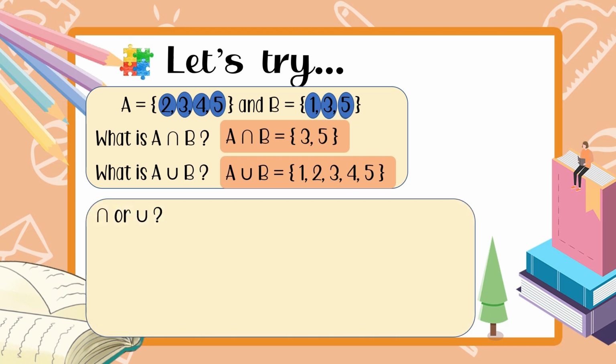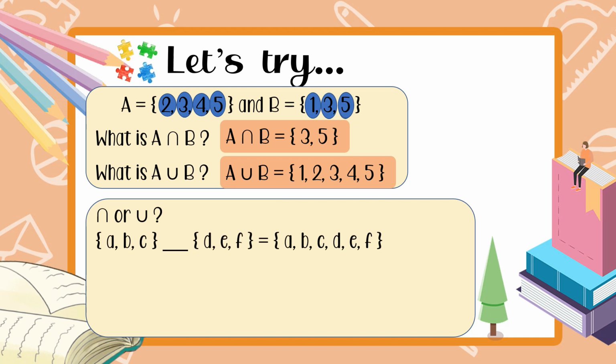Next, intersection or union? We have ABC blank DEF. Then the result is ABCDEF. So what do you think is that? Intersection or union? Dahil pinagsama lang yung first set na ABC doon sa second set na DEF, ang sagot natin is union.